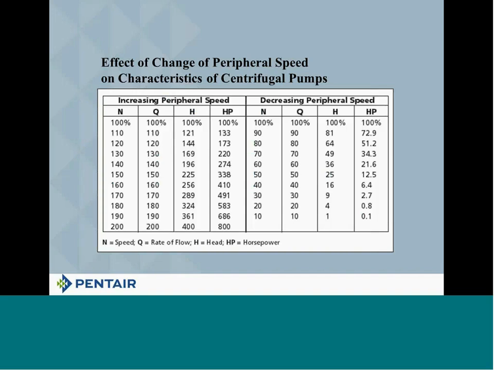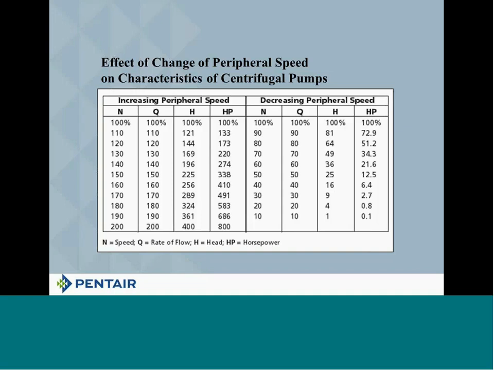Remember, we're looking at peripheral speed, so this chart says the effects of change of peripheral speed on characteristics of centrifugal pumps. Now, of course, we're also talking about variable frequency drives, and so the bottom line comes down to this. I'm going to talk about RPM speed because that's what the drive changes, is the RPM speed.